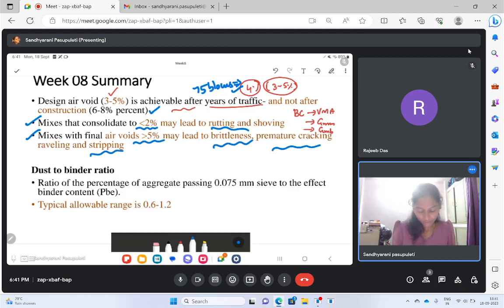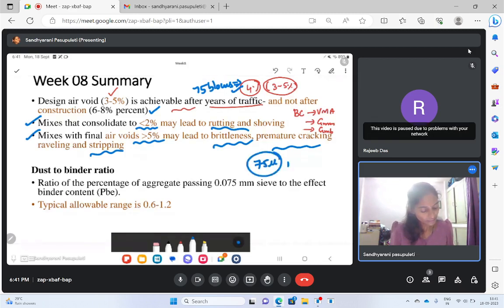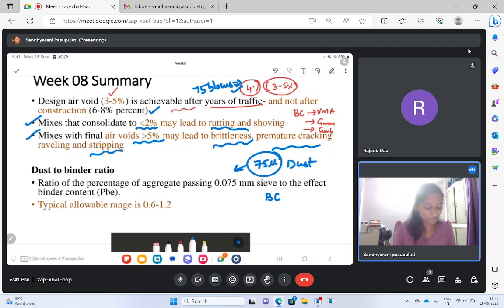In addition to these points, there is the dust to binder ratio. When I say dust, dust implies any amount of the material that is passing 75 micron. That is the dust, and we already have a bitumen content. This dust, being a very fine material having more surface area, has the ability to absorb or take more bitumen content.